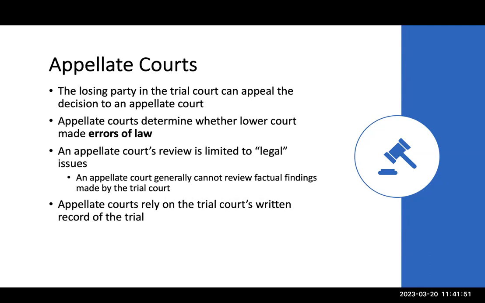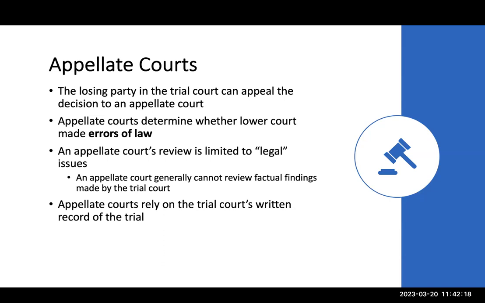Appellate courts do not review factual findings and determine whether or not the trial courts made proper factual findings. That is the function of the trial court. So if it's a red light case, the appellate court is not going to review the evidence and make a decision whether the light was red or green. That's not the function of the appellate court.